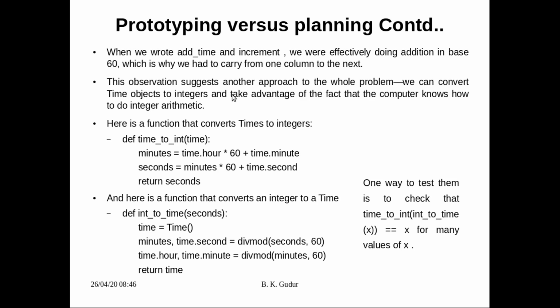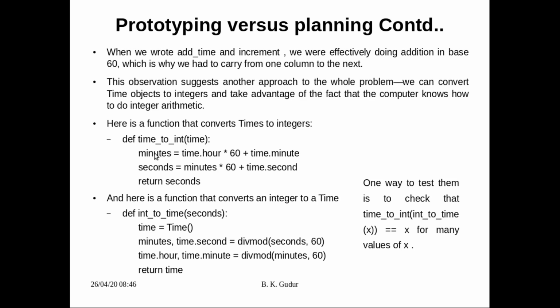What we can do is write two functions, one to convert time to integer and another to convert integer to time. Here a time object will be given and a number of seconds will be given. First, the time object will be converted to an integer. This is the definition of a function called time_to_int. It takes a time object, converts it to a number of seconds, and returns it.